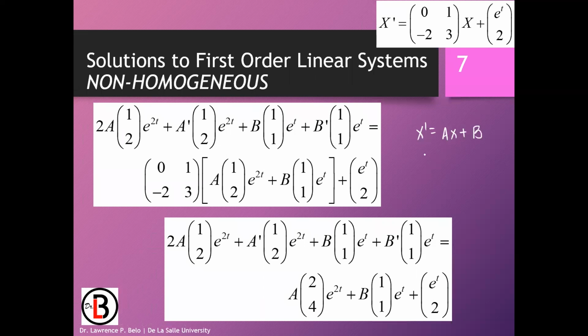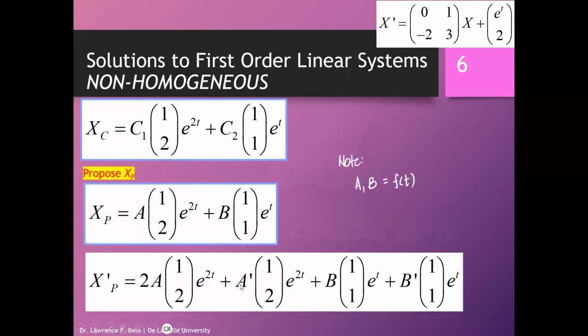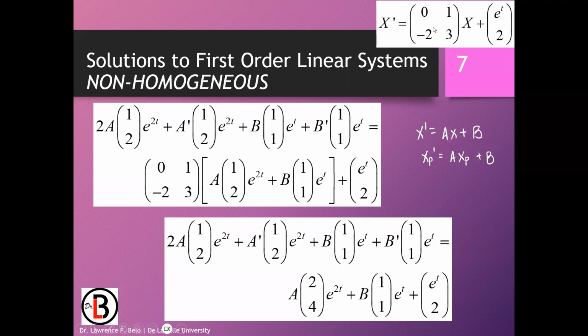Therefore, I can say that similarly, xp prime is A xp plus B. So x prime p is this one, the one that we were able to solve for, that one is equal to, this is the A, right? Look at the one on top, Ax. And instead of x, write that as xp. So A xp plus B.